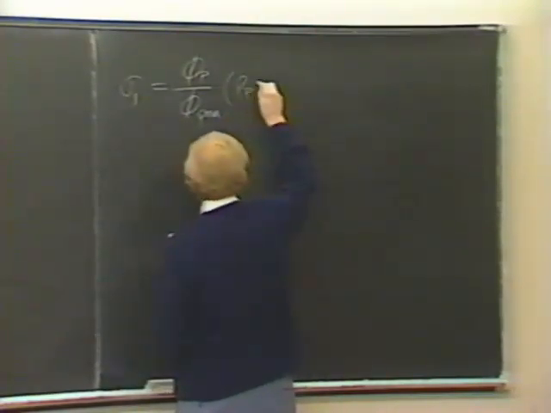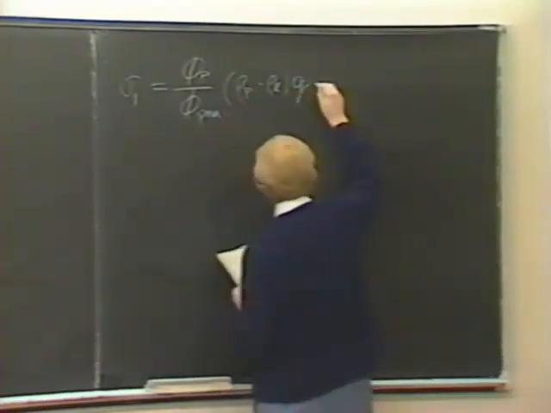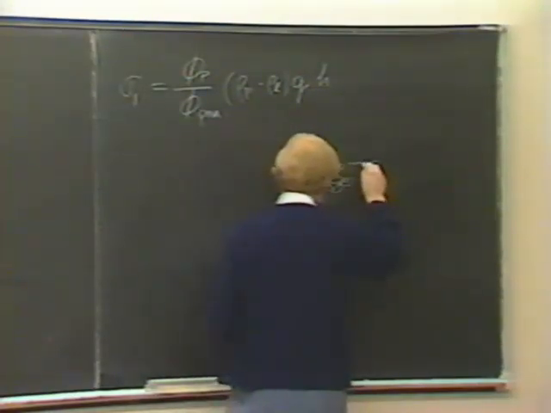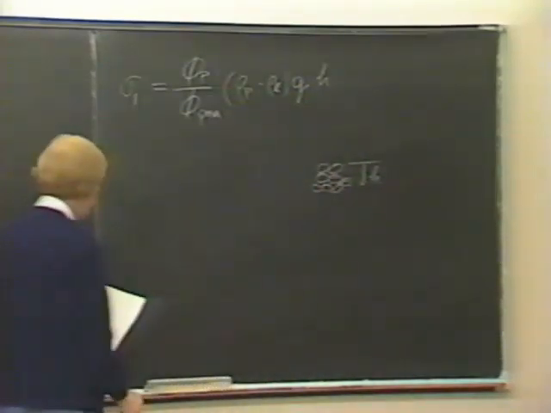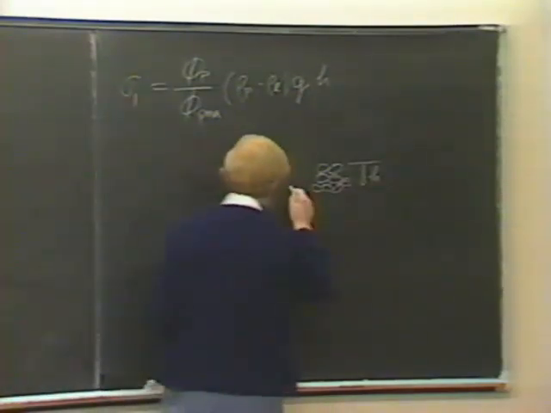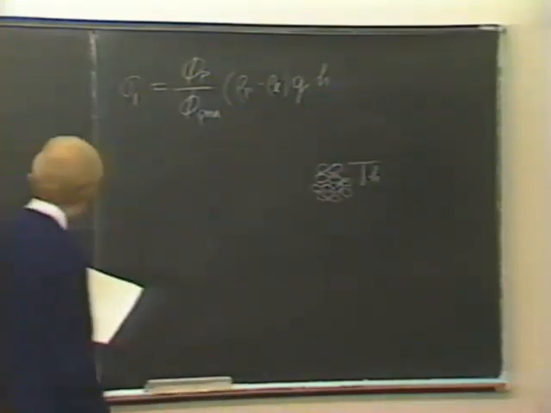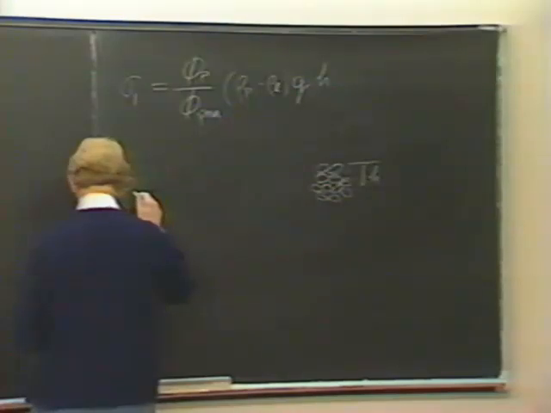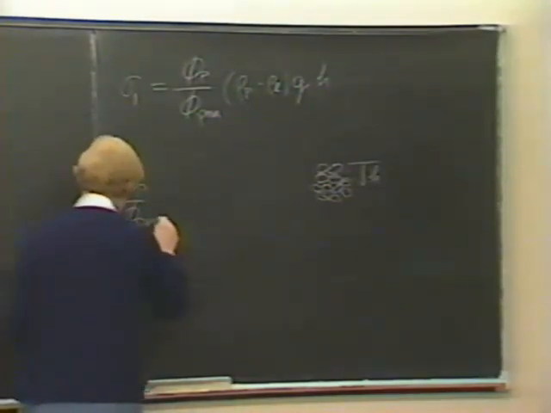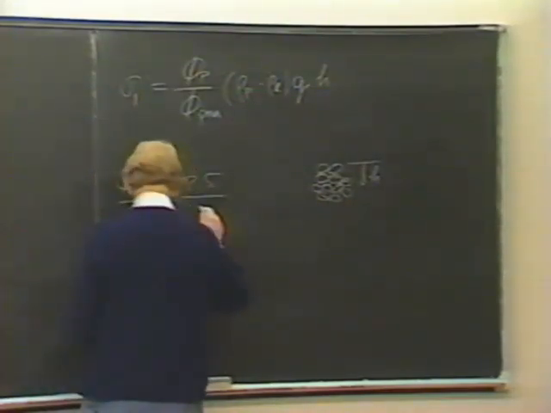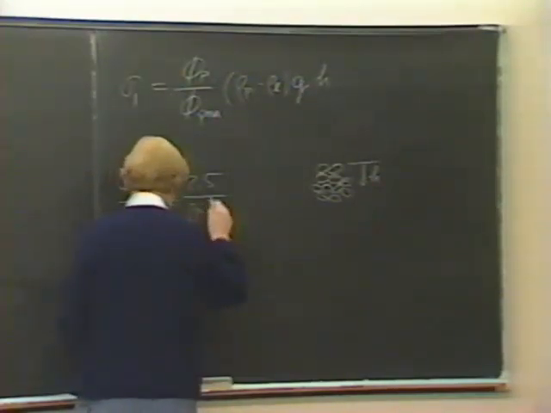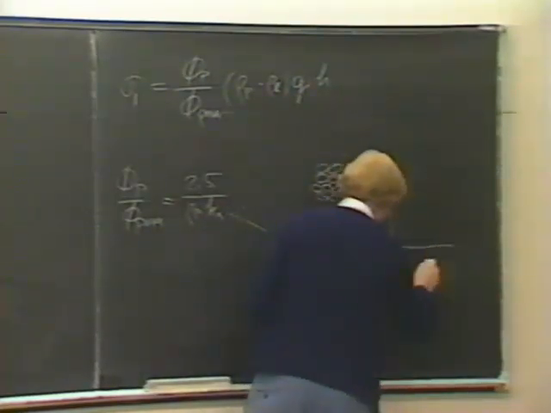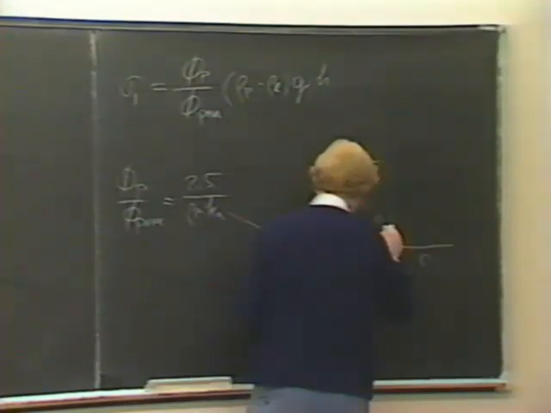Sorry, height of the bed. And from our earlier discussion, we have Vp over Vp and A is equal to 2.5 divided by rho P times Kn, where Kn is the slope of eta over eta L. Remember this is Kn.